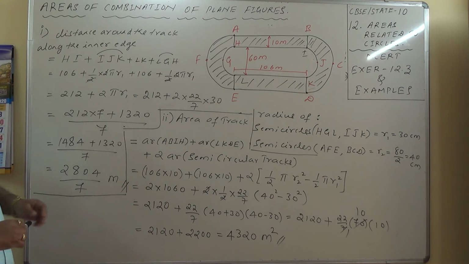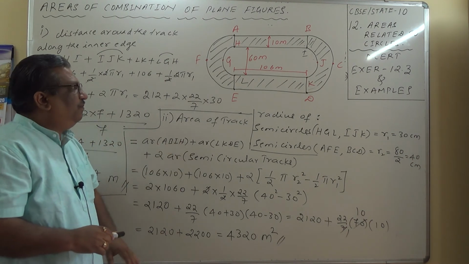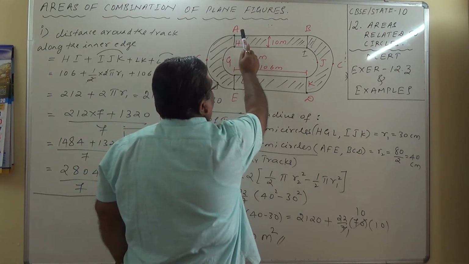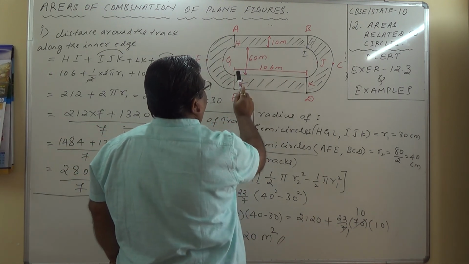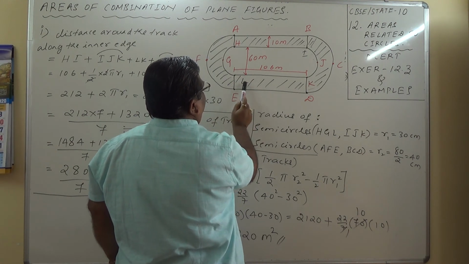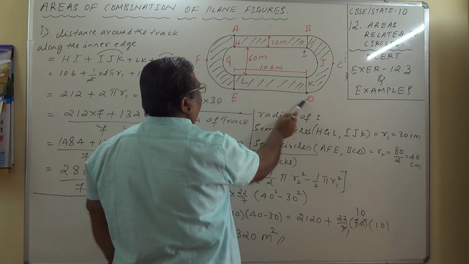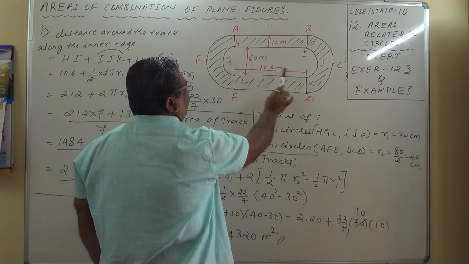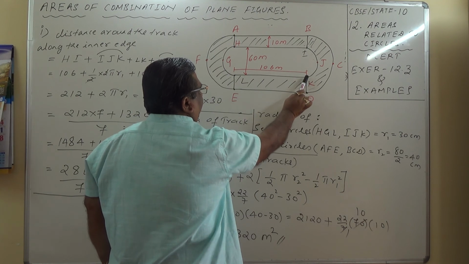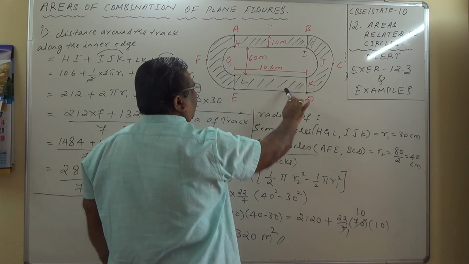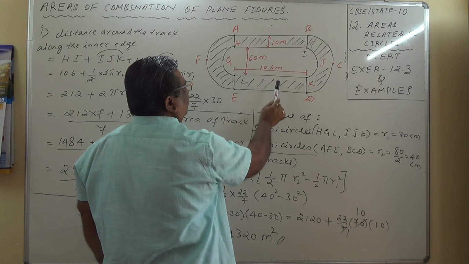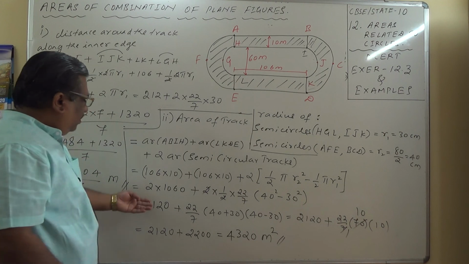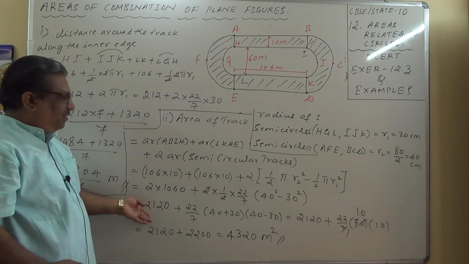So I hope you have understood. In order to find out the total area here, area of the rectangle ABIH plus area of the rectangle LKDE, and to find the area of the rectangle it is simple. From here to here length is 106, from here to here the width of the track is 10 meters. So 106 into 10 gives the area of one rectangle. 2 times that gives you 2120 square meters.